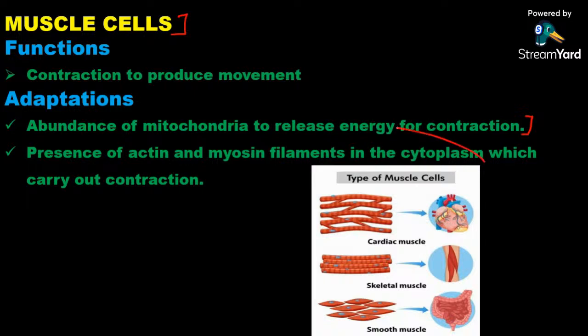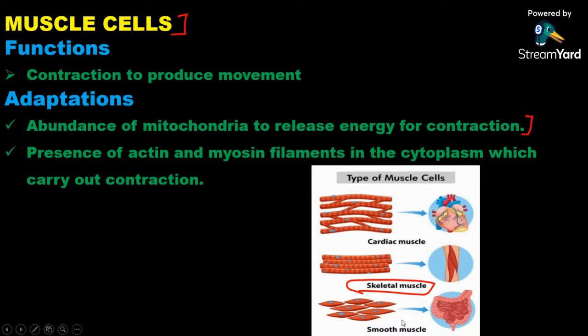And of course, I'm sure you're able to see these diagrams that are here. We have different types of muscles. Those found in the heart, or that make up the heart, are called cardiac muscles. Those that join bones are called skeletal muscles.